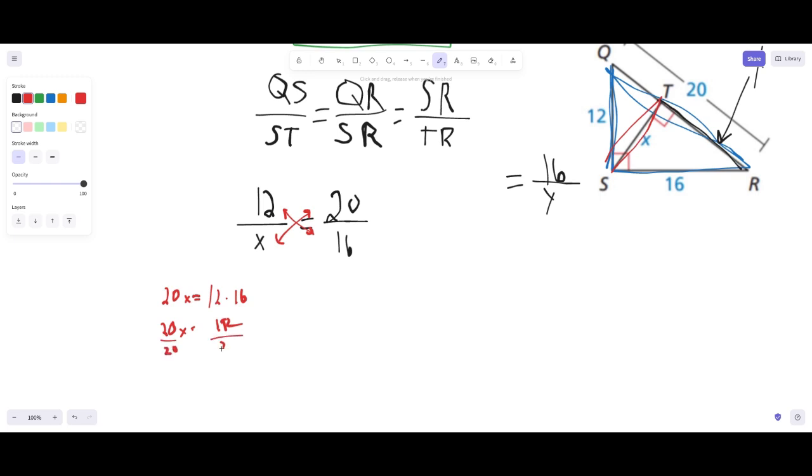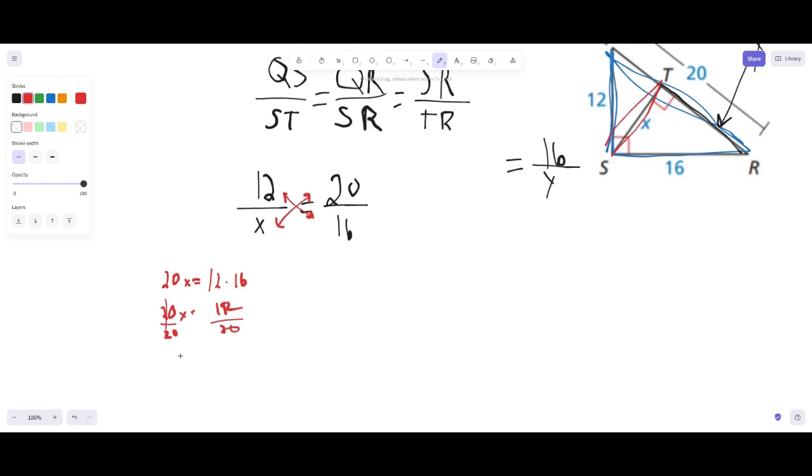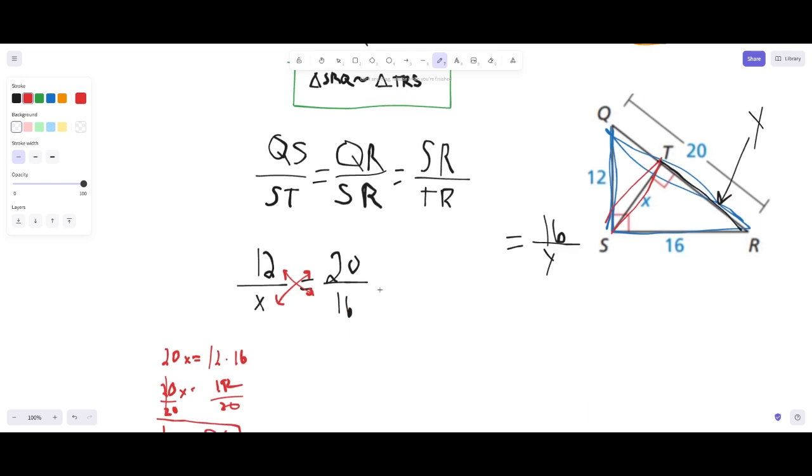So x is going to equal 192 divided by 20, which is 9.6. All right, so now we know the x value to be 9.6.